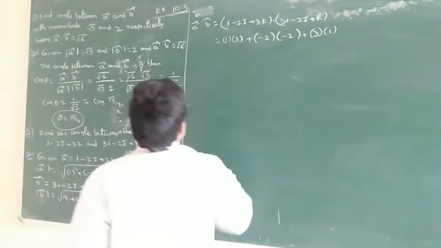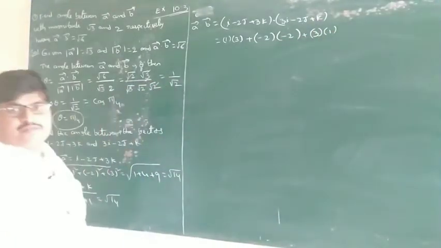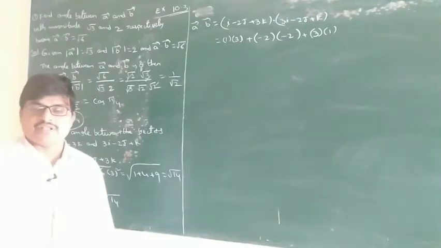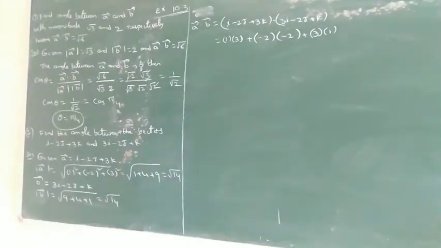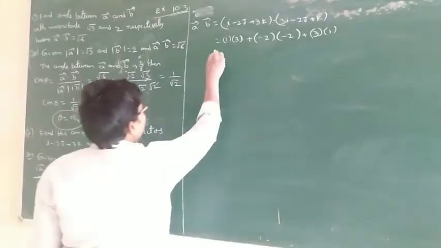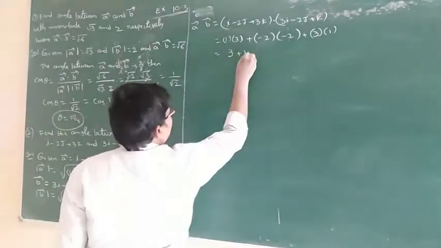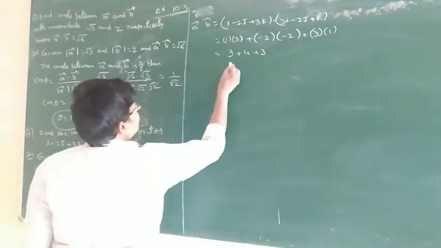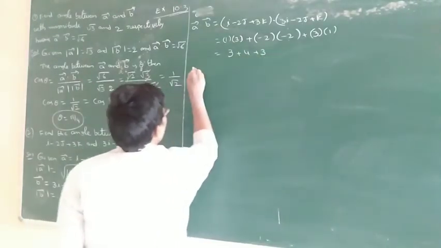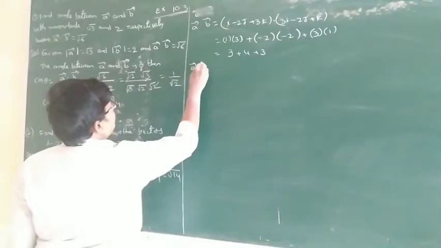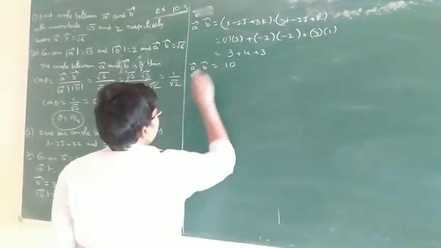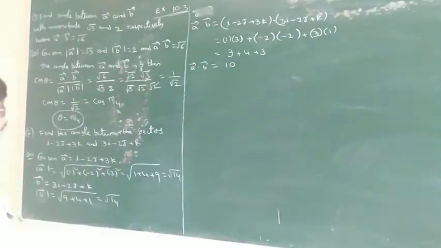This is the dot product procedure: simply a1 b1 plus a2 b2 plus a3 b3. So 1 into 3 is 3, minus 2 into minus 2 is plus 4, plus 3. So 3 plus 4 plus 3 makes a bar dot b bar equal to 10.